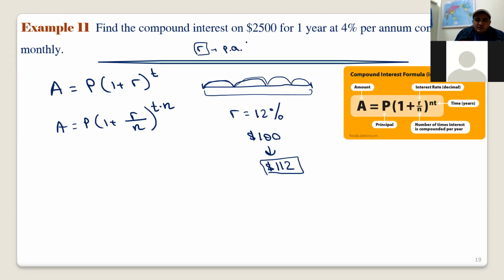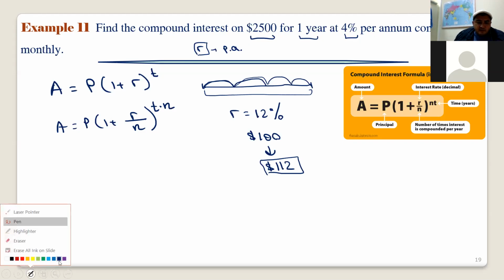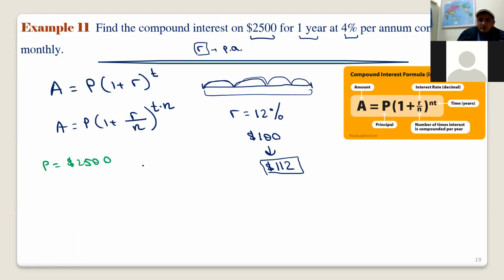Now see this question: the compound interest on 2,500 for 1 year at 4% per annum compounded monthly. The rate is given per annum. How do we make this adjustment? Our principal is 2,500 and the time is 1 year.